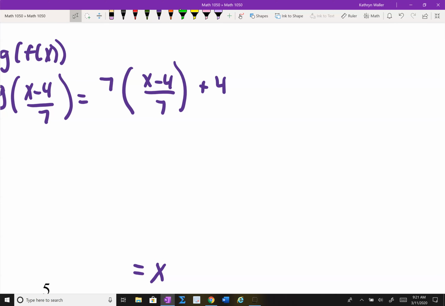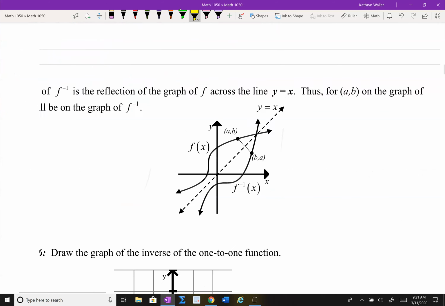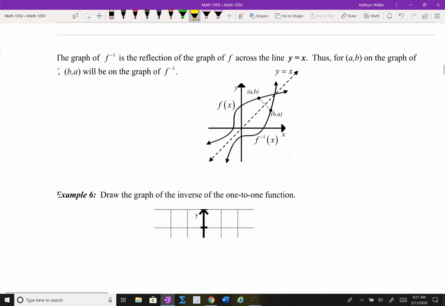No, but what can I do? My 7s, one on top, one on bottom, right? So I have x minus 4 plus 4. Now my 4s cancel, and I get an x, which is exactly what I was anticipating, and I'm done. That's it. Okay? Who says this lesson is easy? Let me see. Yay, isn't that wonderful?